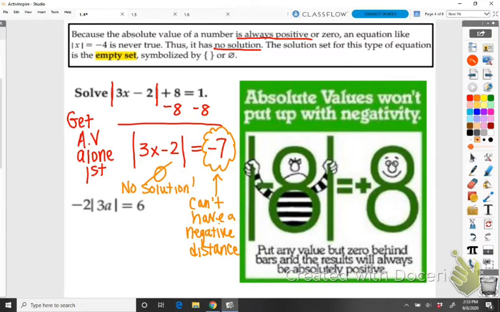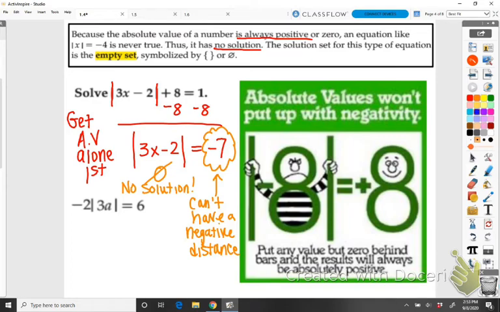So you got to be cautious with that one. Some students will not even notice that that's negative and start doing case 1, possibly case 2, but their answers aren't going to check out because you can't take the absolute value of a number and get a negative distance.